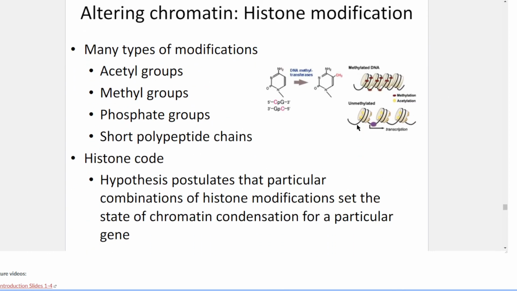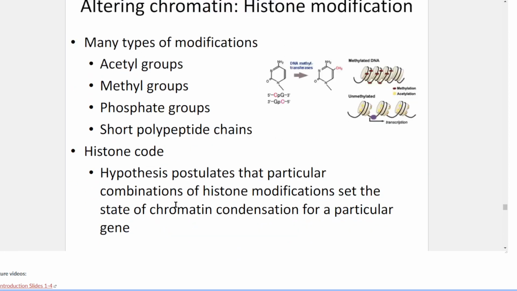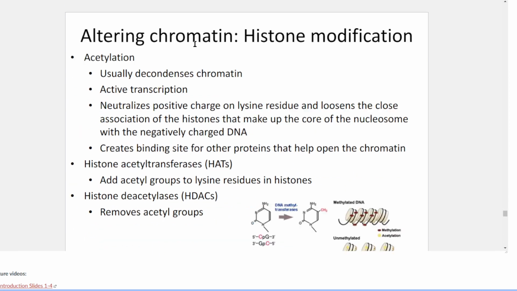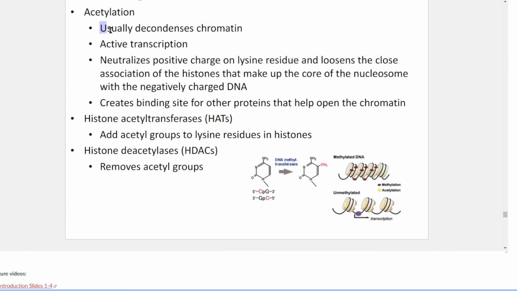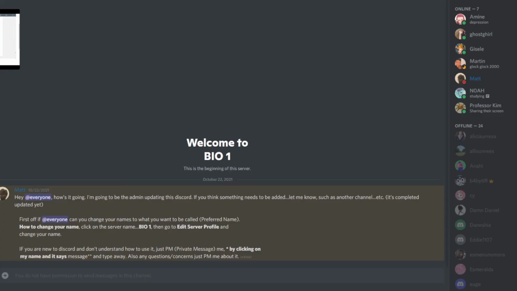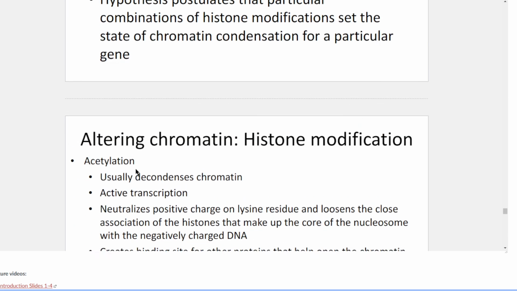Histone is a protein that rounds things. So the DNA is wrapped around histones. This stuff is just confusing. So acetylation is going to decondense chromatin, which means it's going to release those histones in order for transcription to occur. Methylation does the exact opposite.